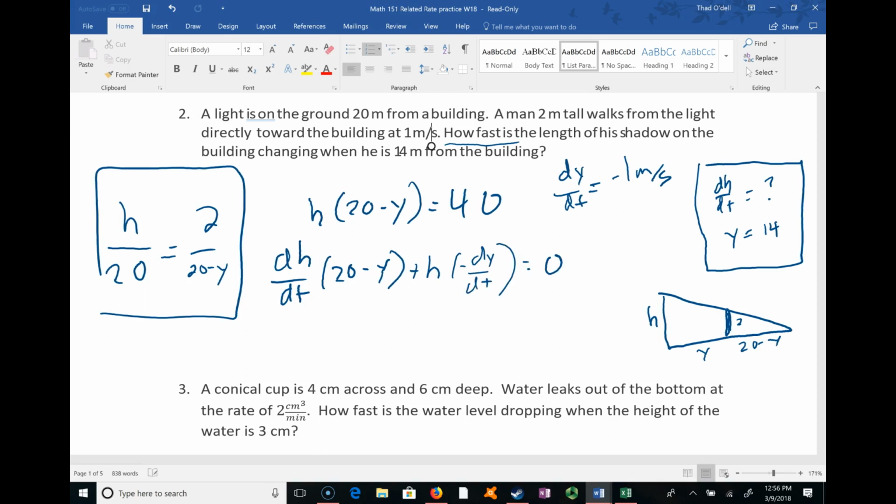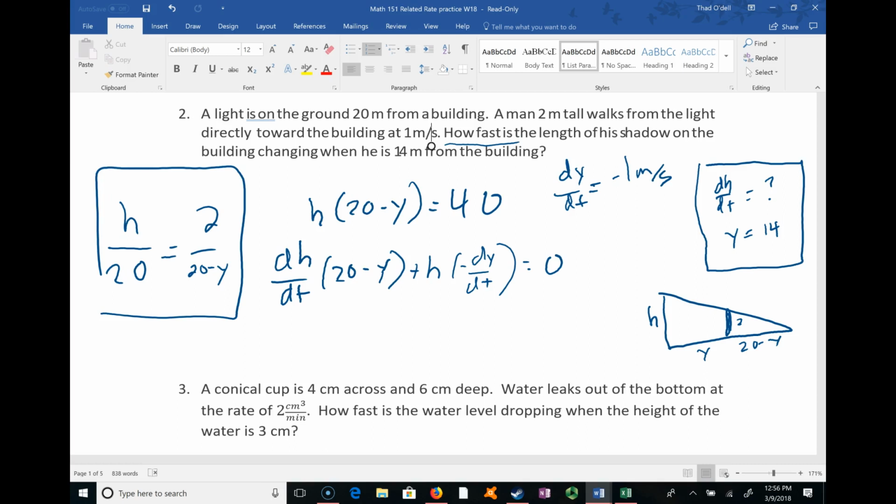And that's all equal to 0. Okay. Now we've written our equation. We take the derivative, and notice we didn't set it equal to 0. We just took the derivative of 40 and it ended up being 0. So don't confuse that. We didn't bring in the 0. That was part of the formula already.